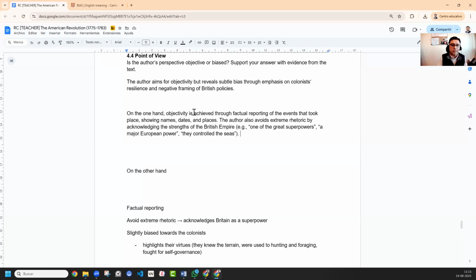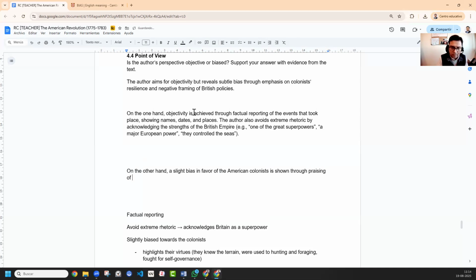Now on the other hand, we will describe the subtle bias. On the other hand, a slight bias in favor of the American colonists is shown through praising of their virtues.